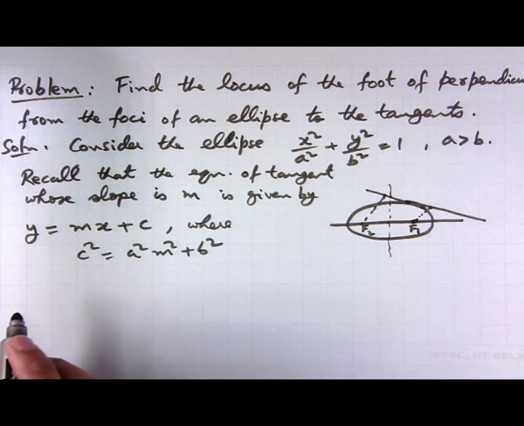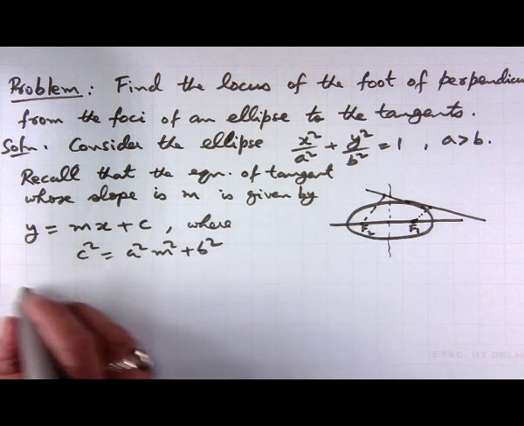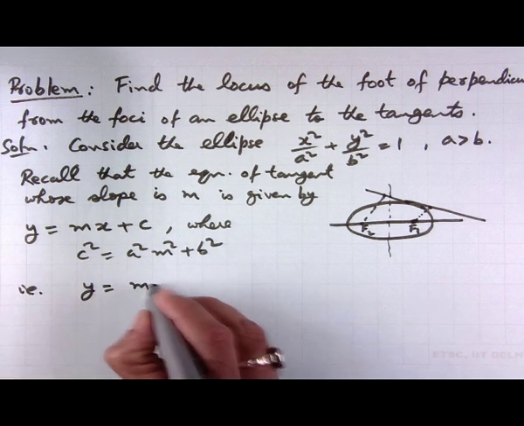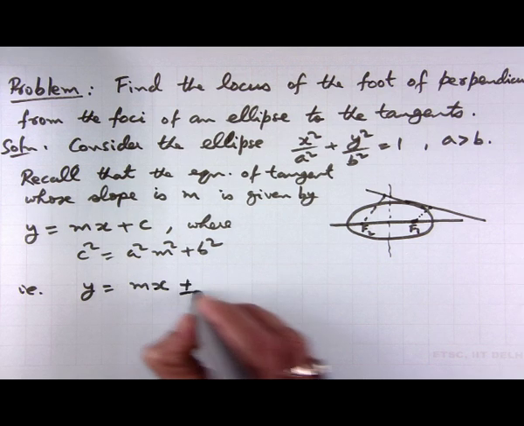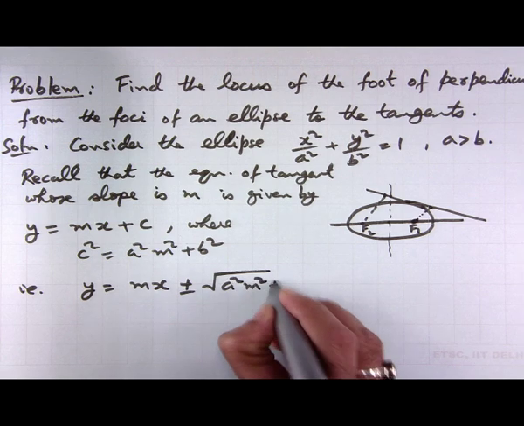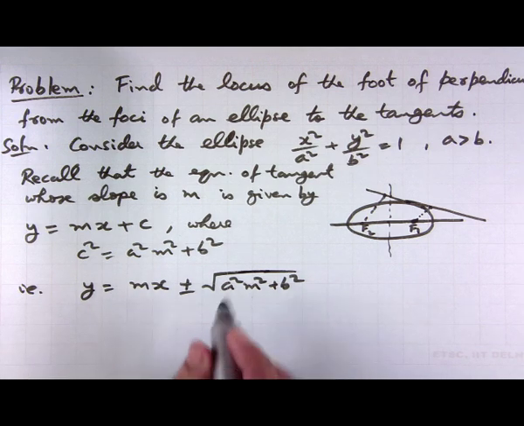So, for any fixed value of m, there are two tangents, that is y is equal to m x plus or minus square root of a square m square plus b square. This gives us the equation of the tangent for different values of m.